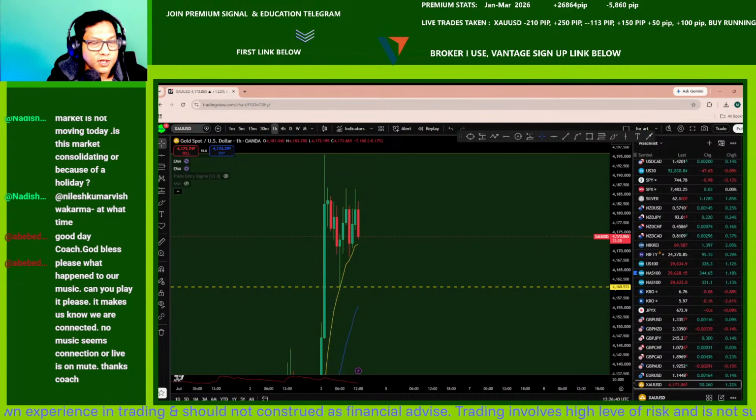Also, if you look at that, the market is currently in a significant trend that you can see at that level, and which is very important to look at to see the overall market direction.